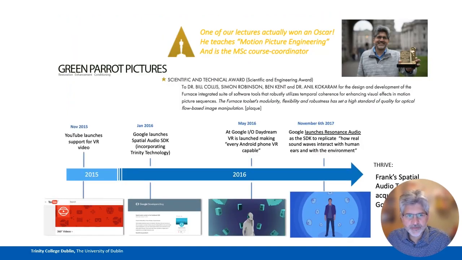I'll say a few words about the motion picture engineering module. I teach that. It turns out I won an Oscar back in 2007, so I'm able to draw on quite a wide range of experience to deliver this module, and students get a mashup of motion picture special effects and streaming media technologies.